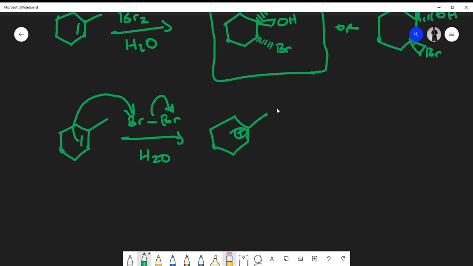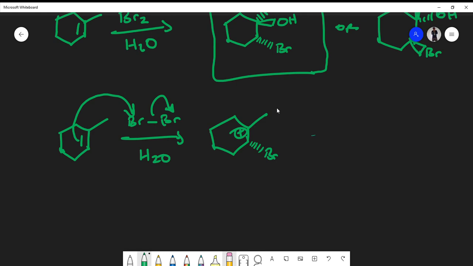Notice that the geometry around the positive charge is trigonal planar. In that process, we've also picked up the bromine atom. So the bromine atom in the first step ends up on the less substituted carbon, and we have our carbocation on the more substituted carbon.